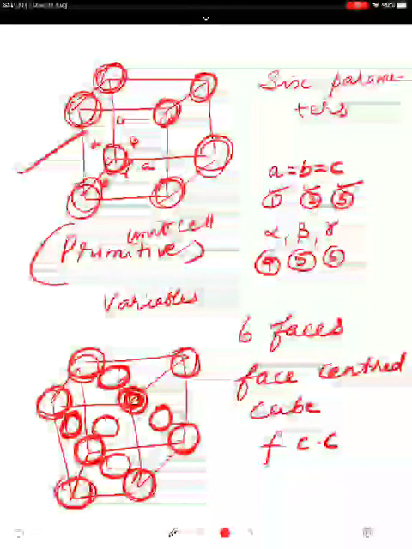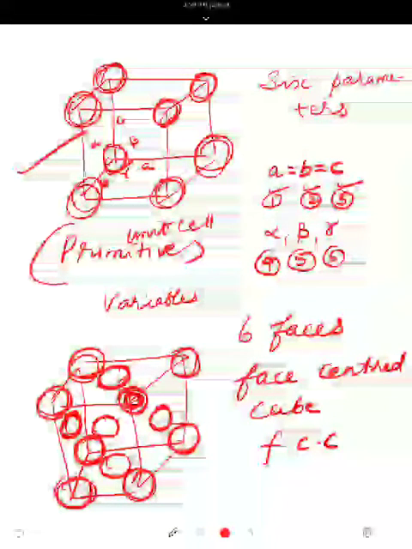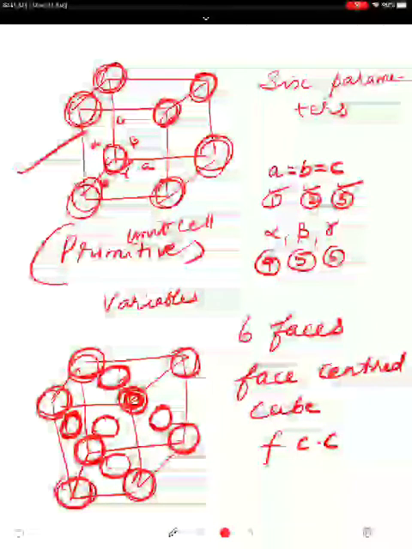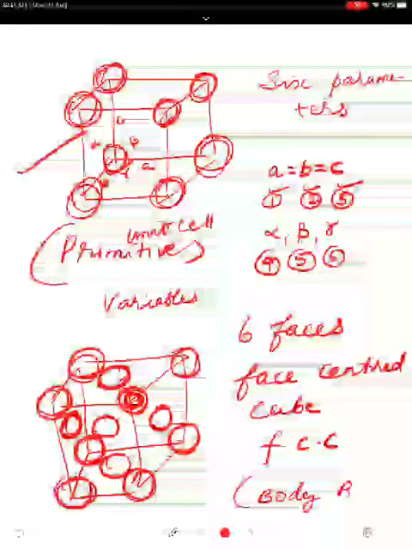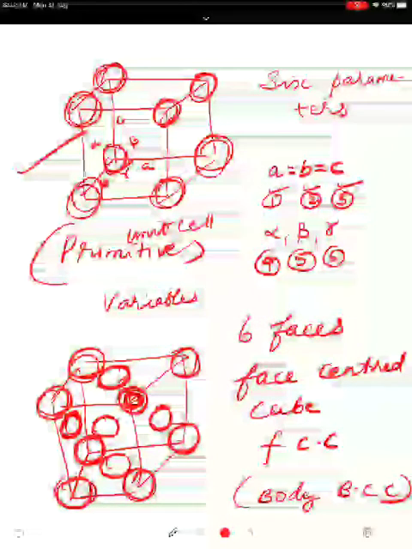So this is a centered cube. For the interior center, what we have seen previously, in addition to these 8 corners, you saw one at the body center. In that case we call it a body centered cube, BCC.